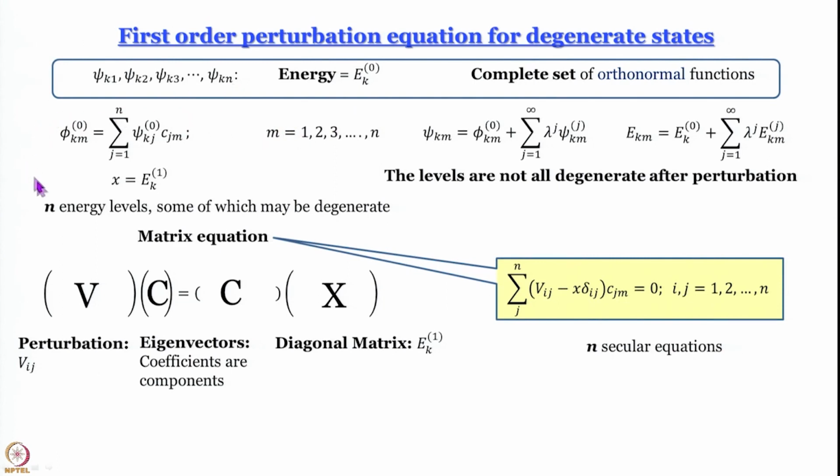First of all, you need a linear combination, because you do not know which of these functions is going to contribute in which perturbed wave function. They are all identical, indistinguishable.